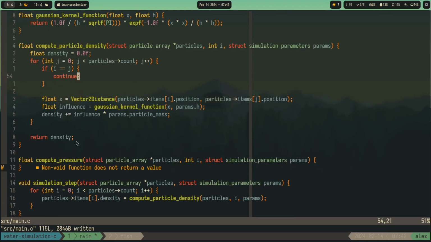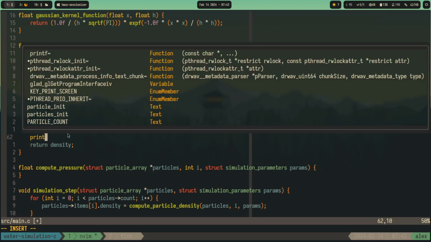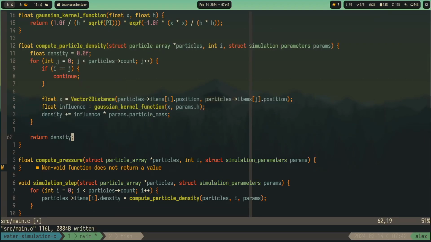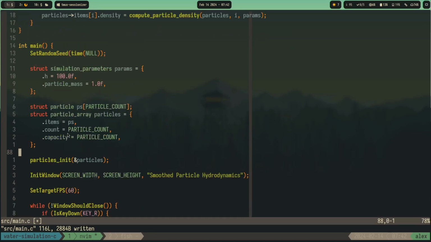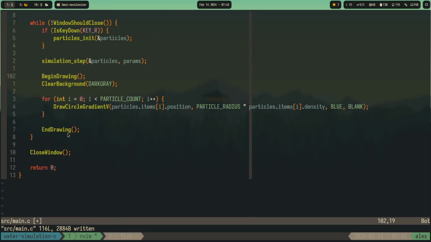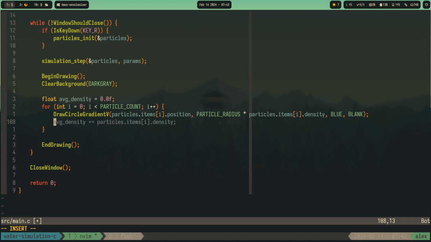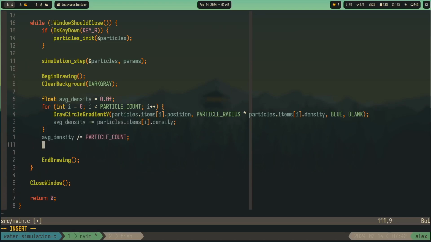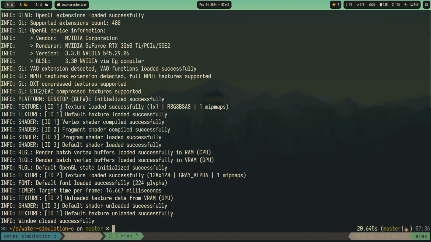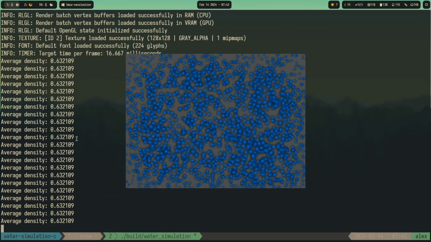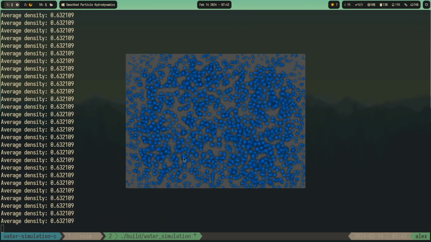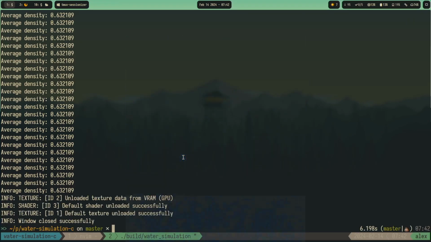Well, I would still like to see the density here, or maybe get like average density. Let's see, float average density. Let's get it printf, because I'm curious. Okay, so we can use 1 as the rest density then, maybe.